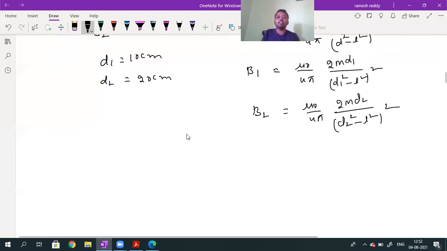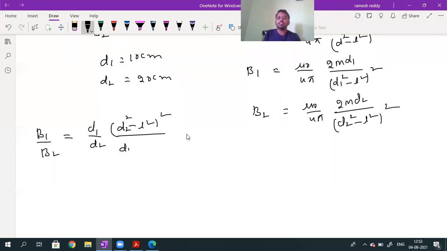When I know the B1 value and B2 value, I can divide both. What is the ratio of B1 by B2? When I divide these both, mu naught by 4 pi and 2M cancel. I will get D1 by D2 into D2 square minus L square whole square divided by D1 square minus L square whole square.